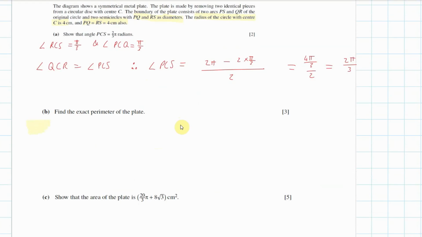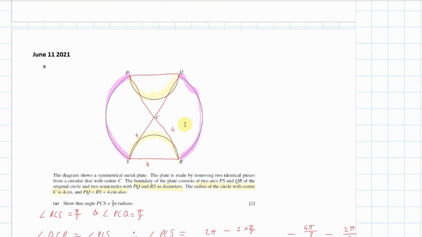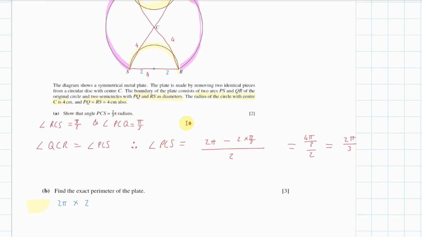Yeah. So it's 2 pi r theta, right? So it's 2 pi radians times the radius, which would be for that one too, okay? Because this whole thing at the bottom is 4, so you've got 2 on each side, okay? So that's that bit there.